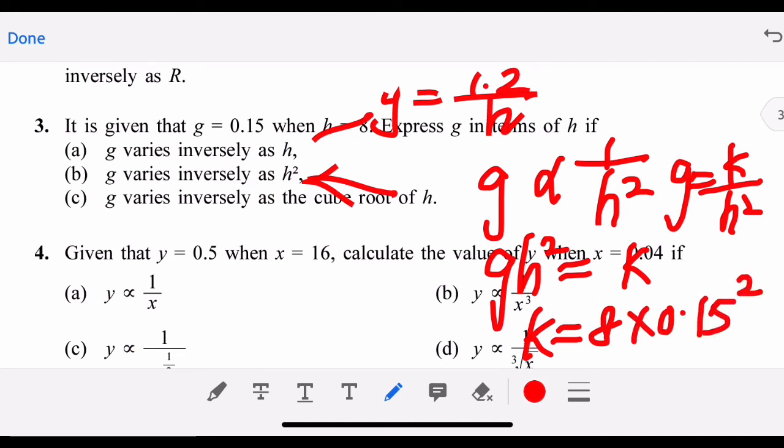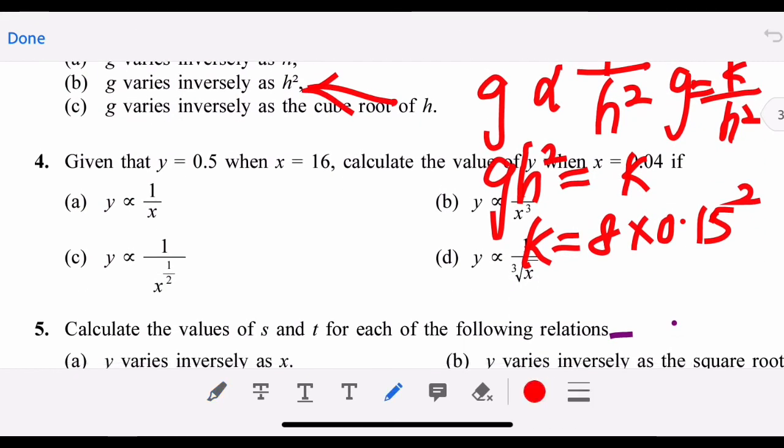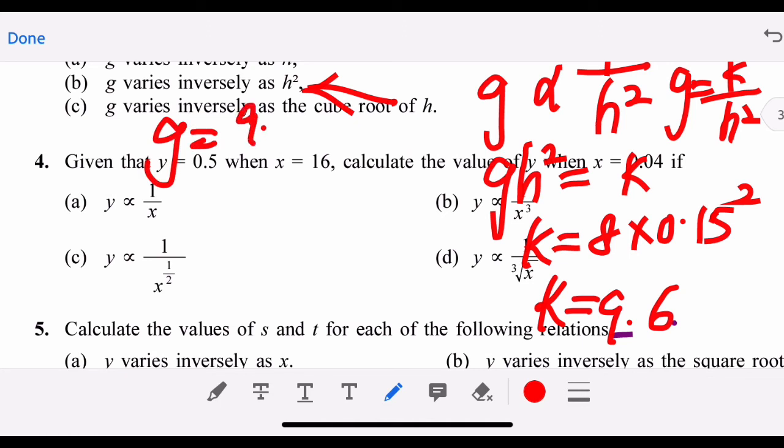You can use a calculator and press GH square equal to K, and K is 8 times 0.15 square. So K is equal to 9.6, right? So we can say that G is equal to 9.6 over H square.